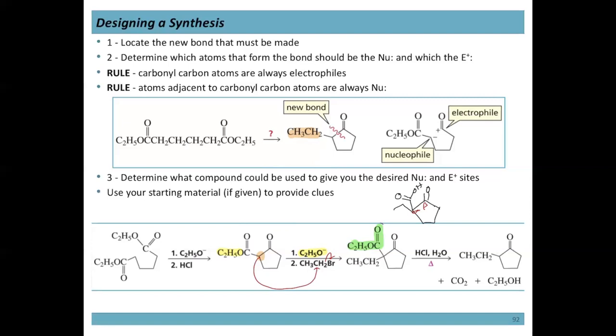Beta keto esters can be converted into beta keto acids. And these beta keto or beta carbonyl acids, with a little bit of heat, undergo the decarboxylation reaction. So we saw that in the acetoacetic ester synthesis.